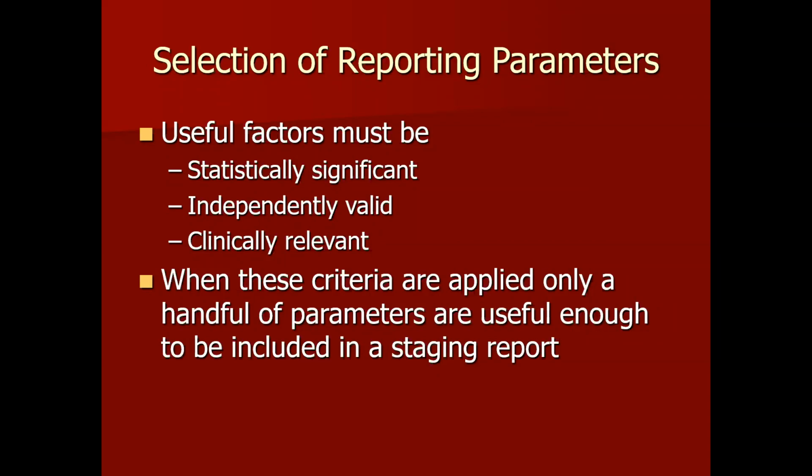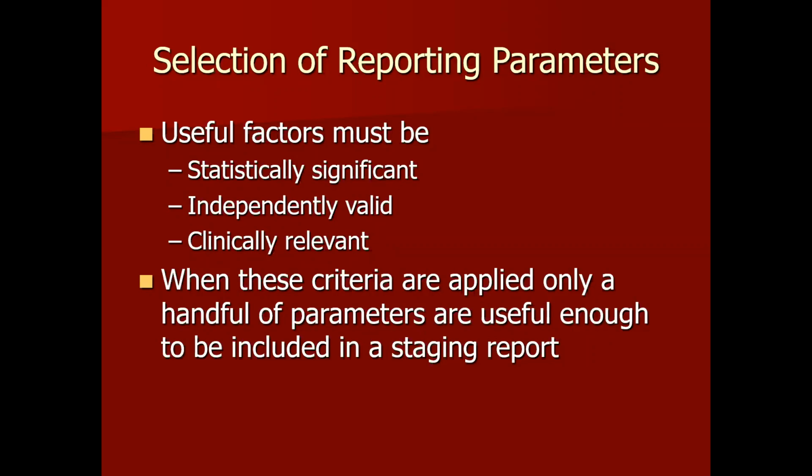It needs to be independently valid, which means the studies have shown that it's independently valid. And then, of course, most important, it needs to be clinically relevant. If it's not clinically relevant, who cares? It's interesting, it's nice for studies, and it might eventually lead to something that's clinically relevant, but not on the form. And when we apply these criteria, there's actually only a handful of parameters that are going to be useful enough to be included in a staging report.